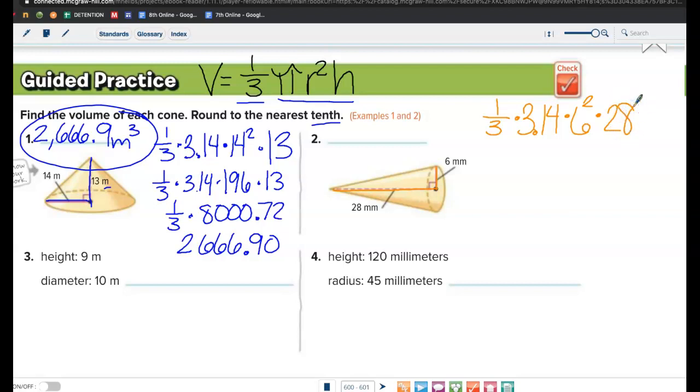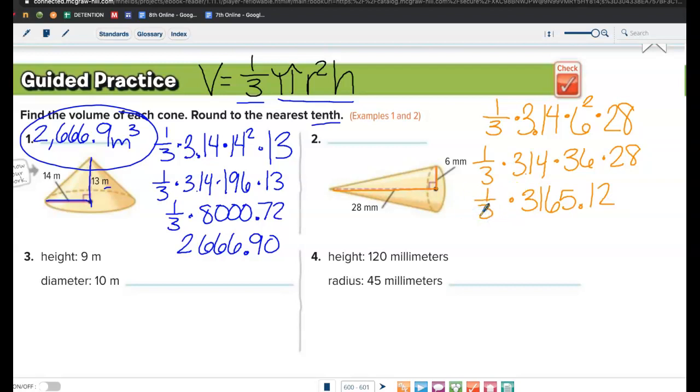PEMDAS, I'm going to do 6 squared, which is 36, times 28, times 3.14, times 1/3. 3.14 times 36 times 28 is 3,165 and 12 hundredths, but I still need to multiply that by 1/3.